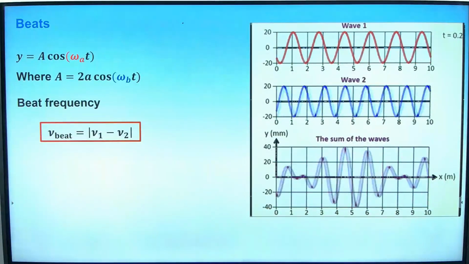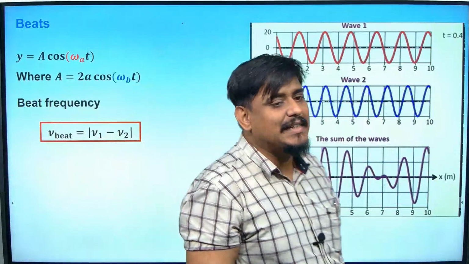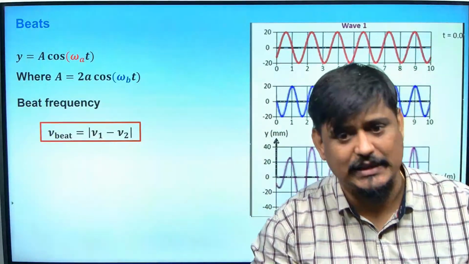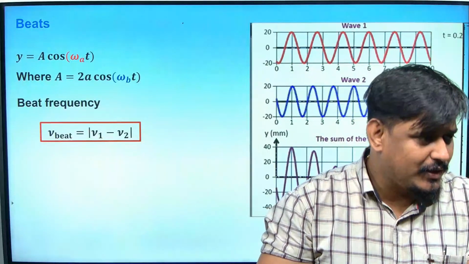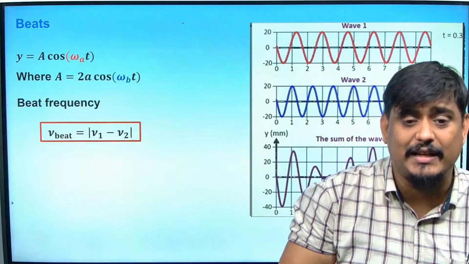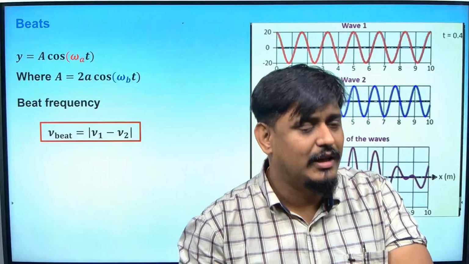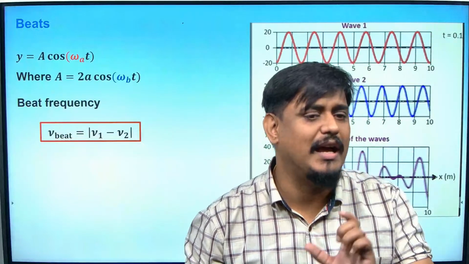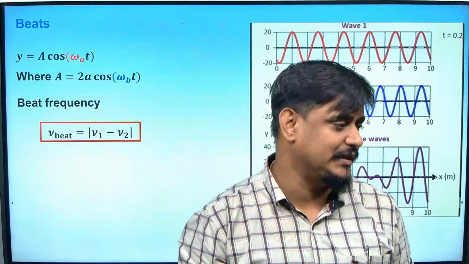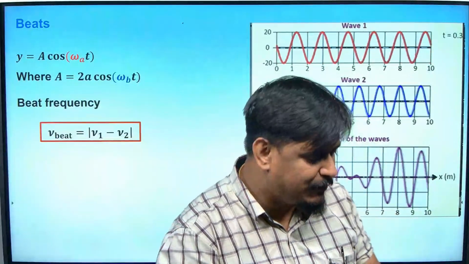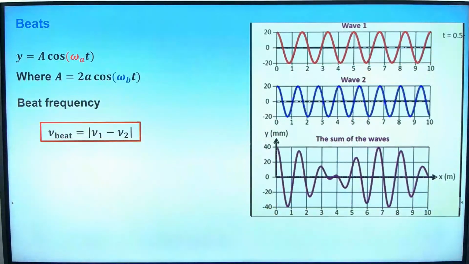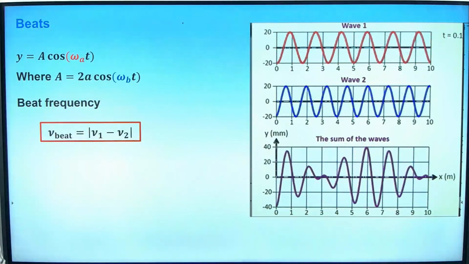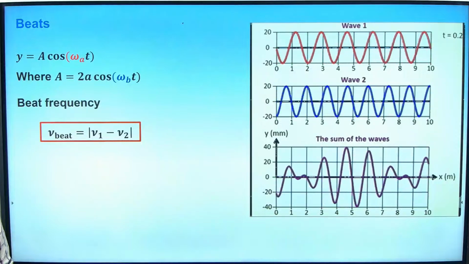Okay. Now, let me talk about beat frequency first. Beat frequency is the difference in frequencies between the two waves. That is, the first wave has some frequency, the second wave has its own frequency, slightly different from the first wave. The difference in the frequencies of these two waves is known as beat frequency, the modulus of omega 1 minus omega 2.